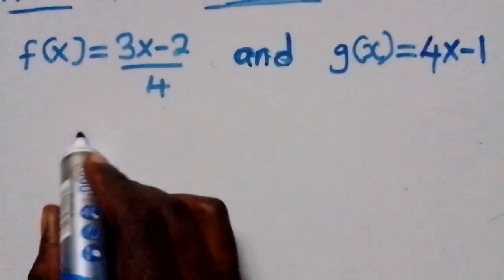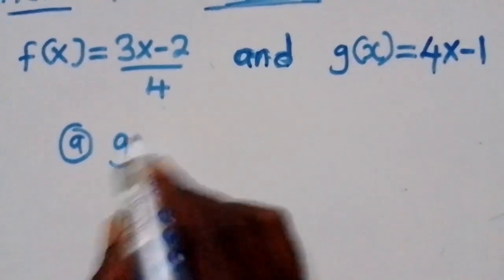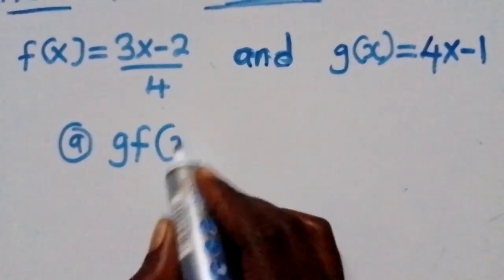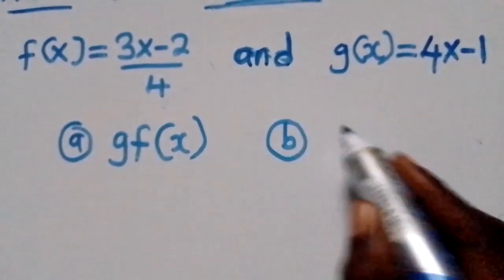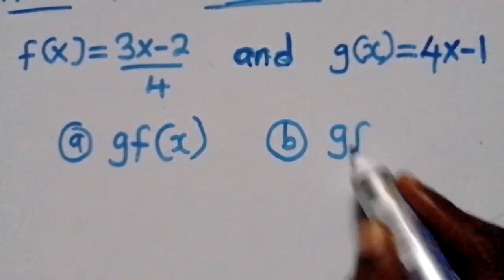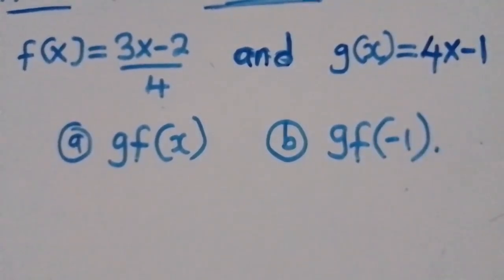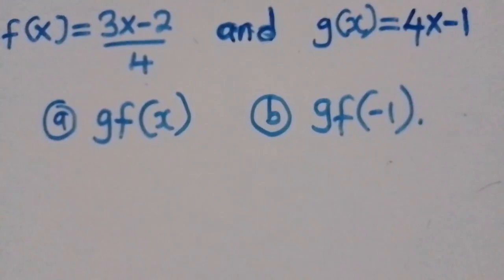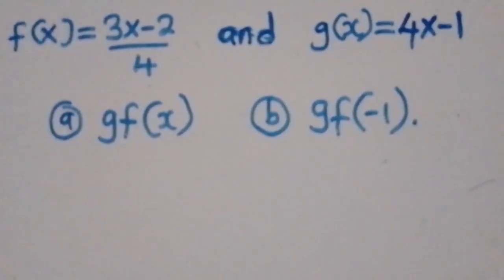So then question A, I want you to find gf of x. B, I want you to find gf of negative 1. This is the question which I want you to practice.